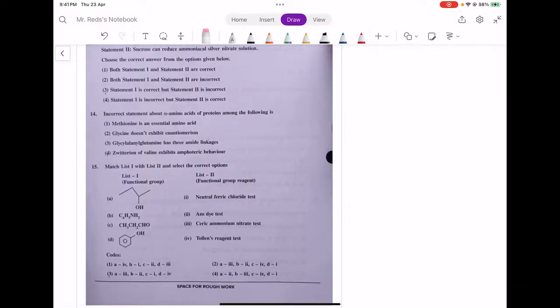Which is the incorrect statement about alpha amino acids of proteins among the following? Methionine is an essential amino acid.